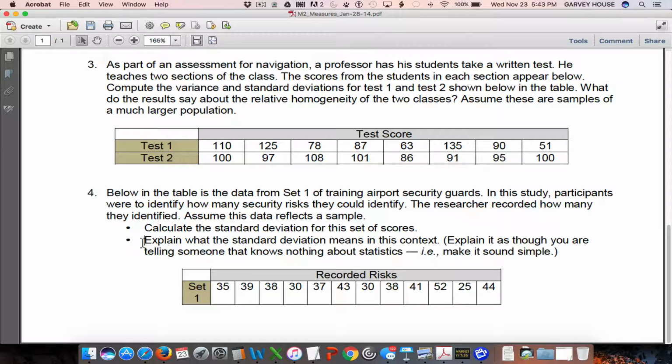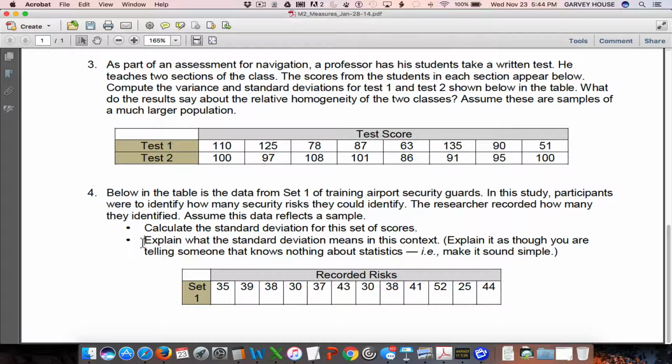And I would also suggest that you visualize what high variability looks like in terms of the normal curve, and then what low variability looks like in terms of the normal curve. So you'll see how that normal curve will spread out as the variance increases.